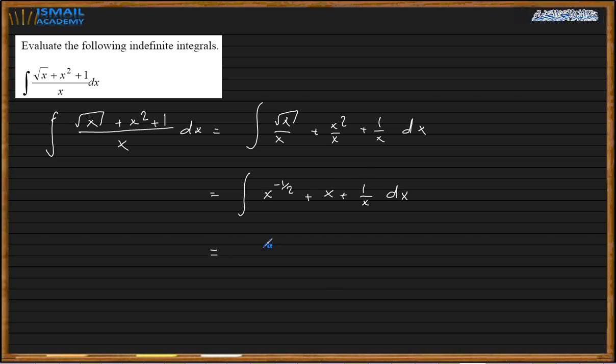So here it's minus 1 plus 1, which is going to be half, so x to the minus half plus 1 over minus half plus 1, plus x squared over 2, and ln of x plus c. So here will be square root of x over half, which is just 2 square root of x, plus x squared over 2 plus ln of x. Don't forget the c. Next question.